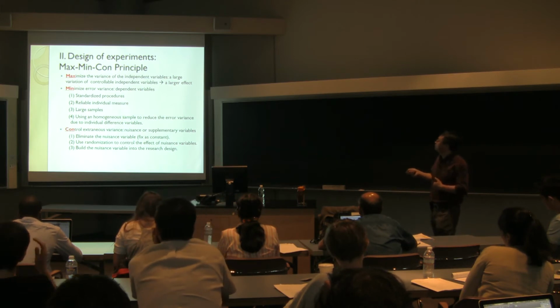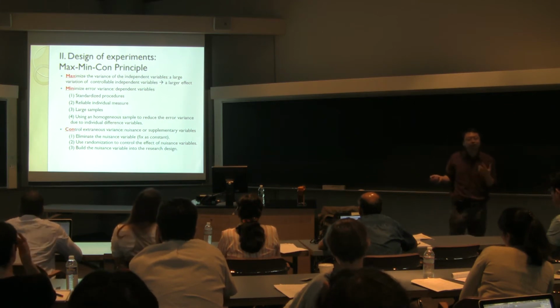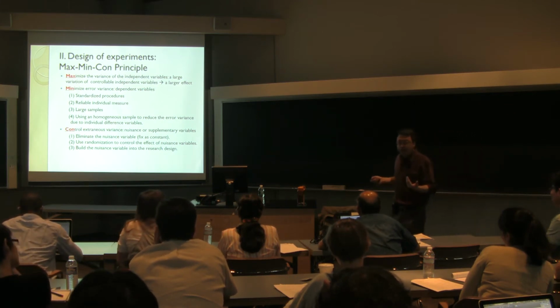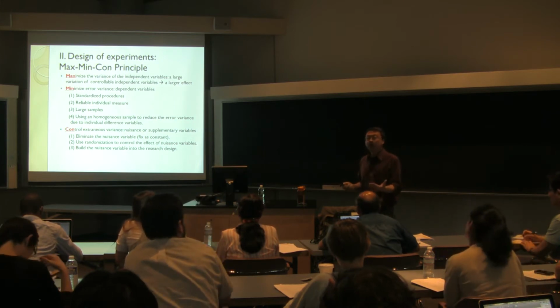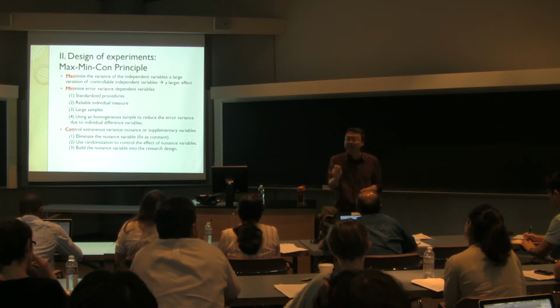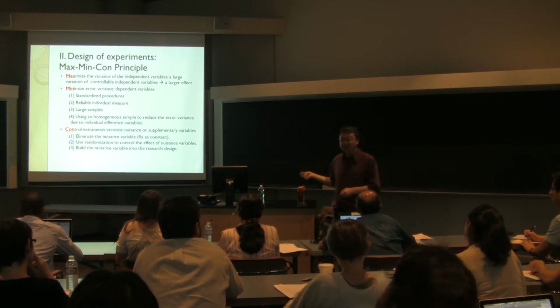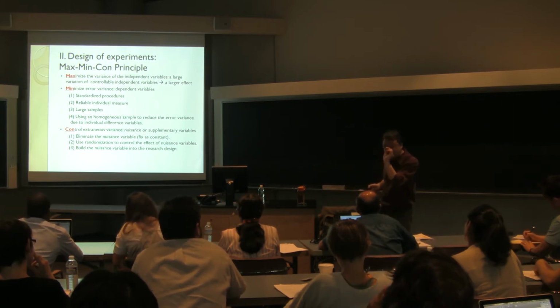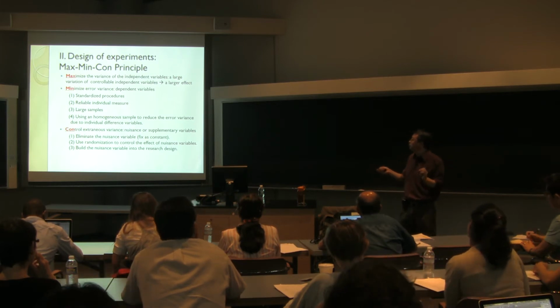And also, sometimes you can build the nuisance variable into the research design. For example, if I cannot randomize the age, what can you do? You try to take down the age of each mouse, then consider that age as another variable in your analysis, and use the analysis step to get rid of it. So this is how to build this variable into the research design.